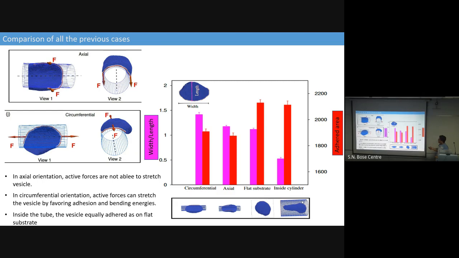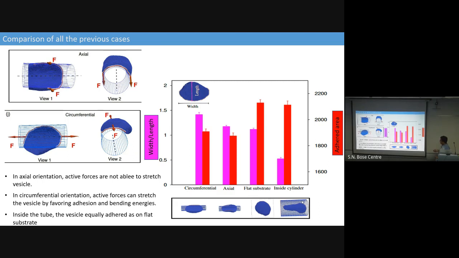And also the adhered area is higher than in this case. So in this case, the forces are able to stretch the vesicle much, much more than in this case. They are well adhered, and since it is stretching along the zero curvature direction, the bending energy is also not getting larger. So these are happy.